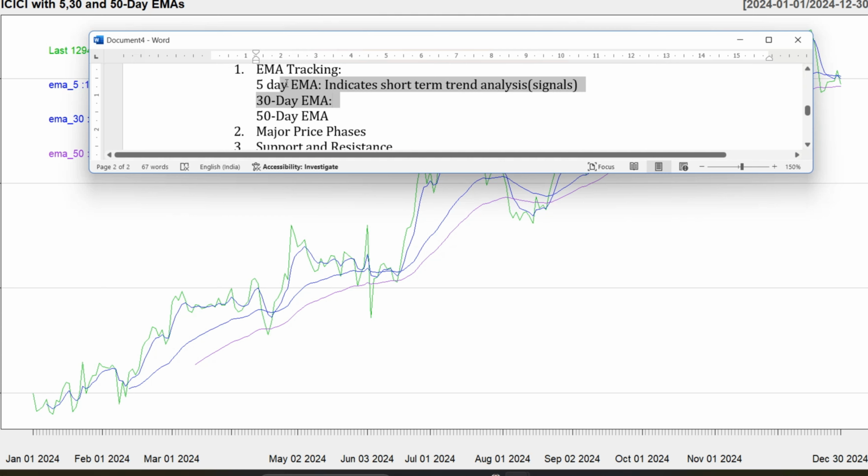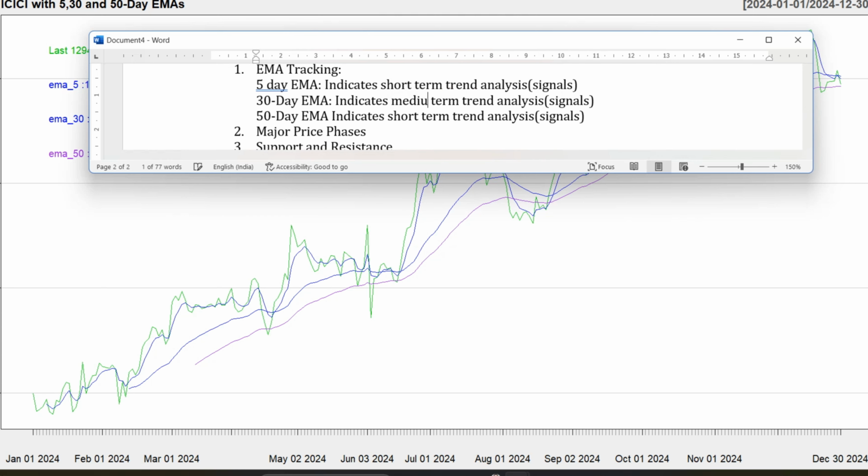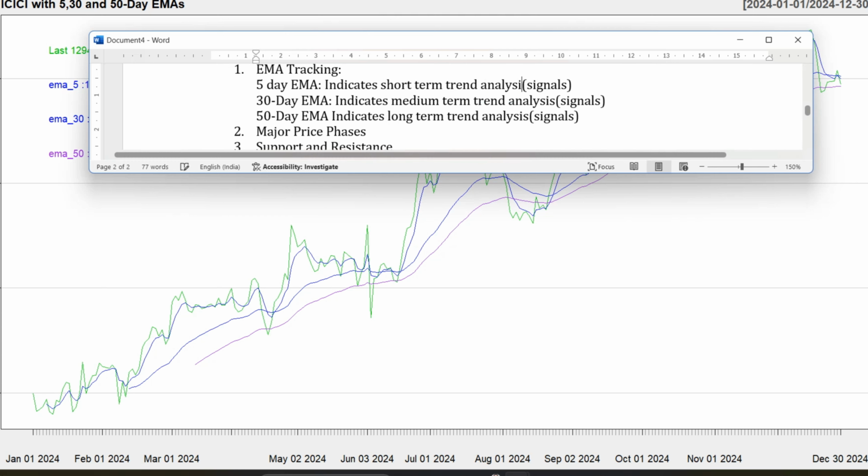So in EMA tracking, we are just literally mentioning what it's all about. Next, 30-day is medium term. Out of 5, 30 and 50, 30 is medium-term trend signals. More than the word analysis, I think we can use signals. And 50-day is indicating long-term trend signals.